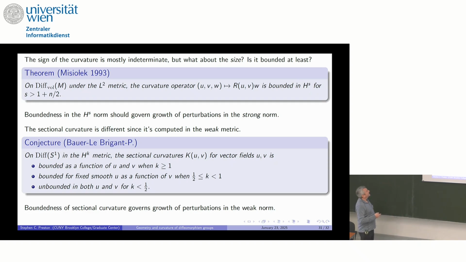It's terrible. When k is between 1/2 and 1, if I hold U to be constant and really nice, make it smooth, and then see how it varies in V, then it seems like it's bounded, definitely unbounded if I let U and V both move. To prove it's unbounded, all you need is a single counterexample, so that's easy.